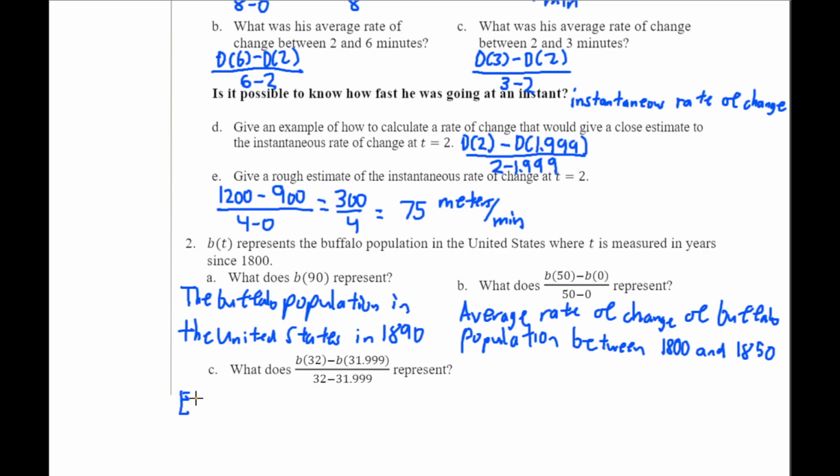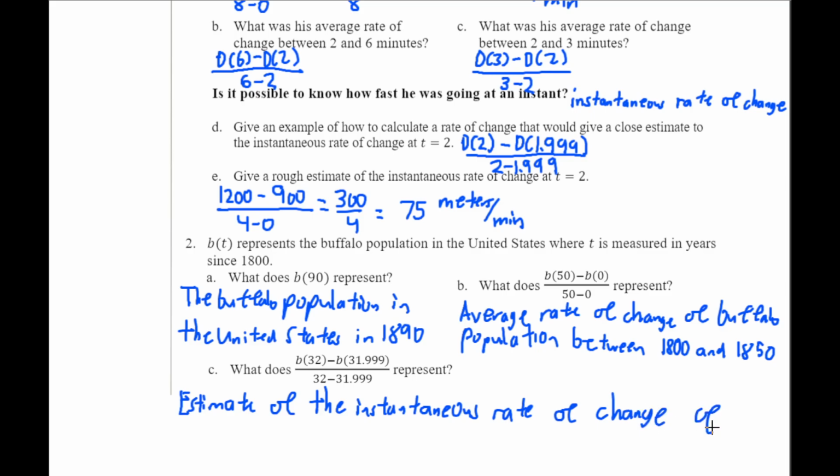That gives us an estimate of the instantaneous rate of change of buffalo population in the United States. I'm just not going to write it for space issues. When t is equal to 32, that means we're in the year 1832 right here.